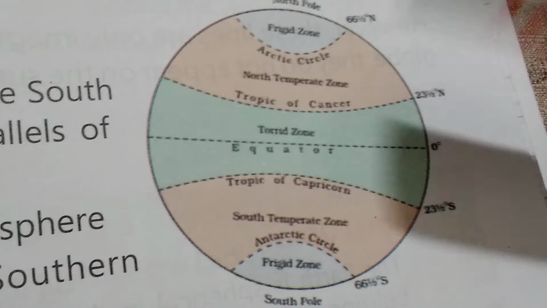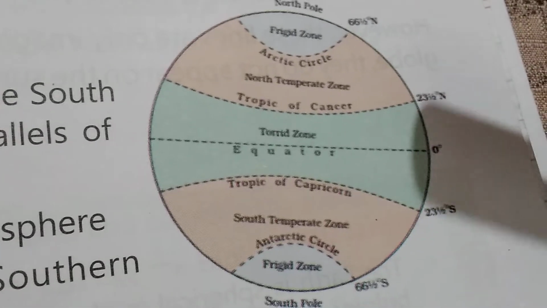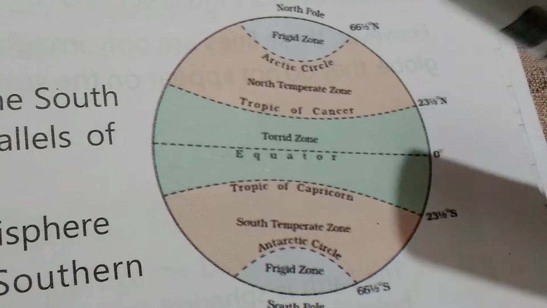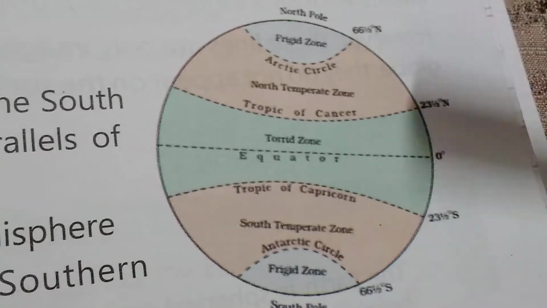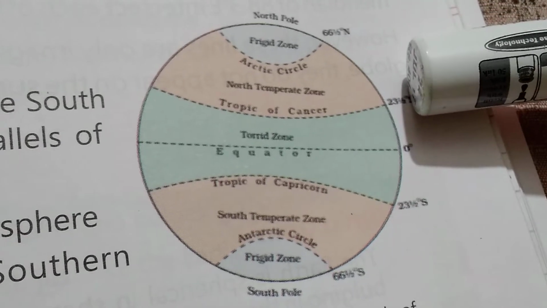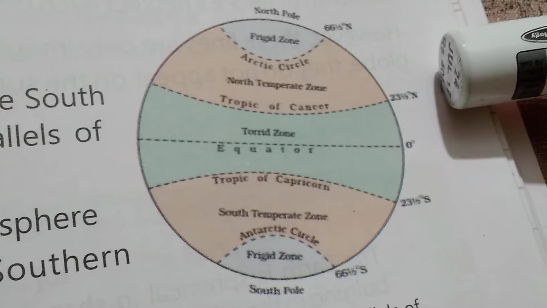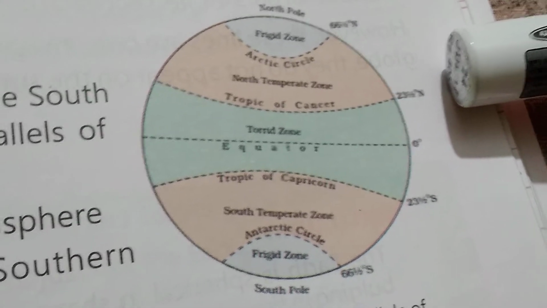There are some other important parallels. Equator, North Pole and South Pole are the main ones, and there are some other important parallels. That are the Tropic of Cancer, 23.5 degree N in the northern hemisphere.